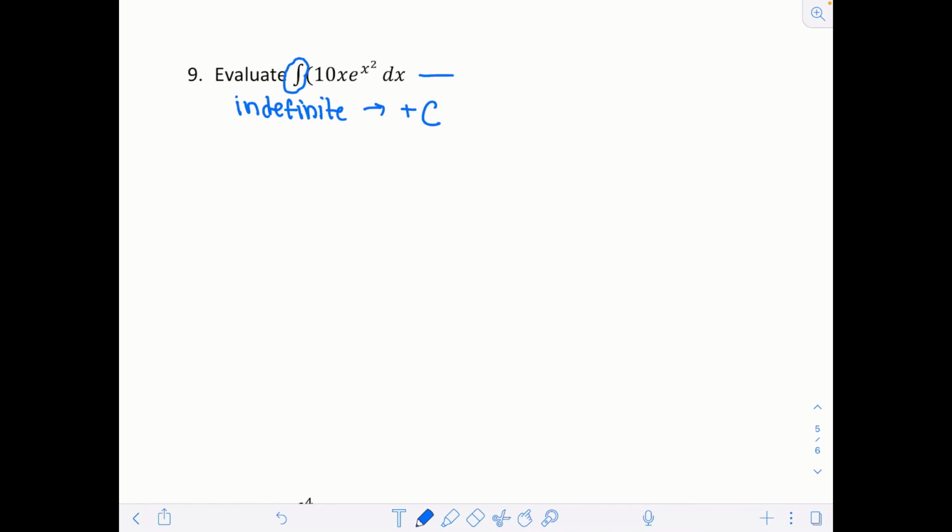So that is when we use substitution. You use substitution when you look at the problem and part of the derivative and the original problem are both in there.